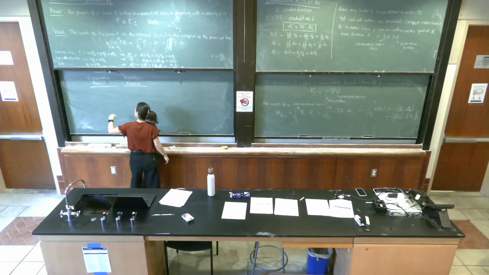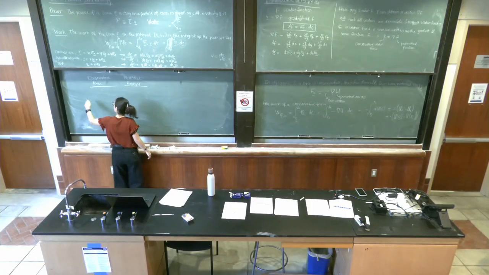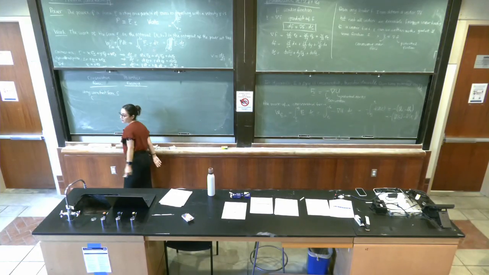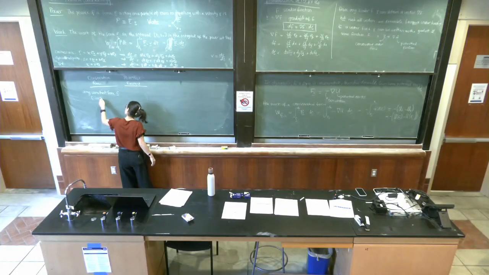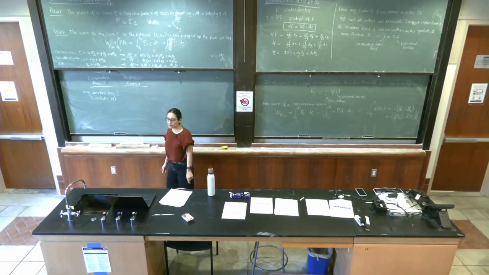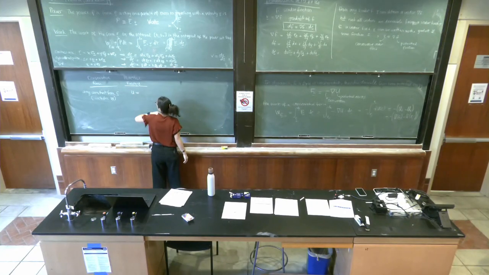Okay, so any constant force C, which includes the weight. So any constant force C is a conservative force, and its potential energy is equal to minus C dot R.